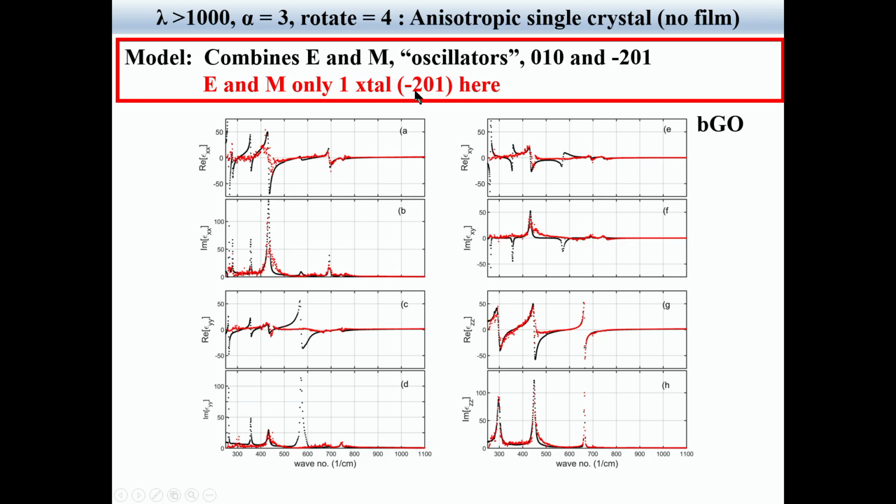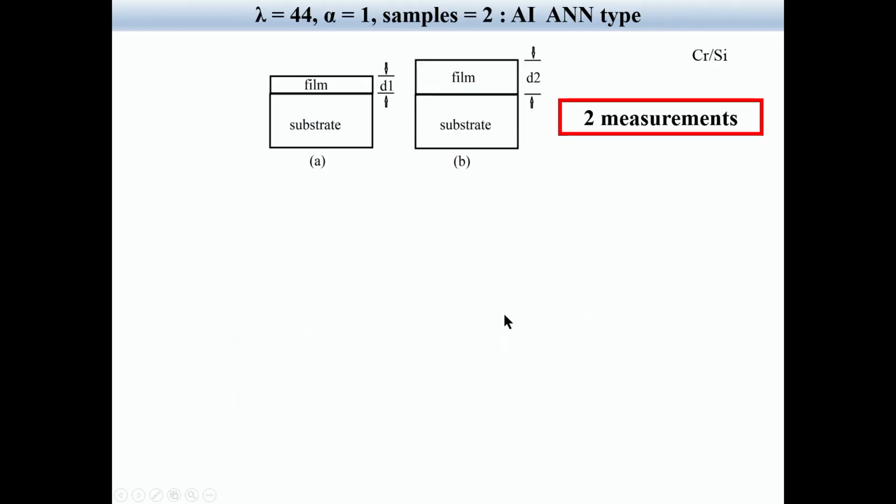But this particular orientation isn't good for several of the other modes of oscillation, and these are all phonon oscillations, and we're talking wave numbers now instead of wavelength, so it's very long wavelength. Okay, so that's another thing that can be tackled with ellipsometry, and Schubert and Urban and Barton and other people are doing that stuff.